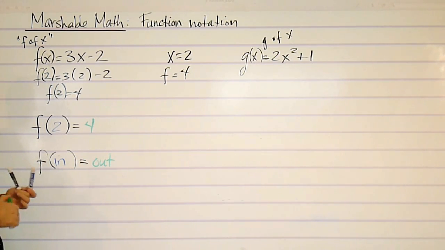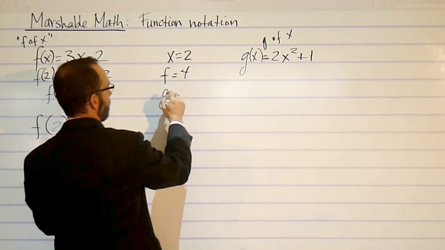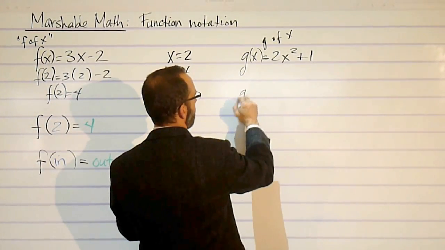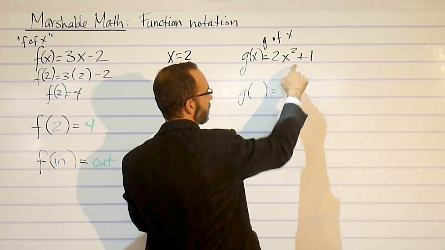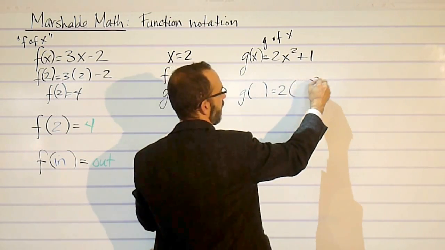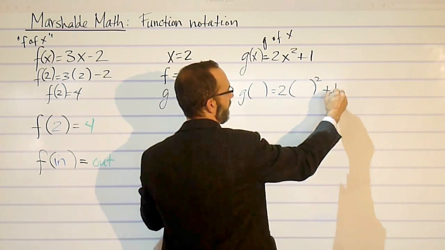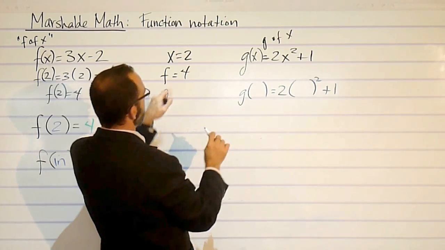So if I were to do the g now, I would say, well, what is g? Well, g of 2 is equal to, now I'm going to use the relationship here that's g. G says I'm going to take the input, square it, then multiply by 2, and then add 1 to it. What's my input now going to be? Well, my input is going to be the 2.